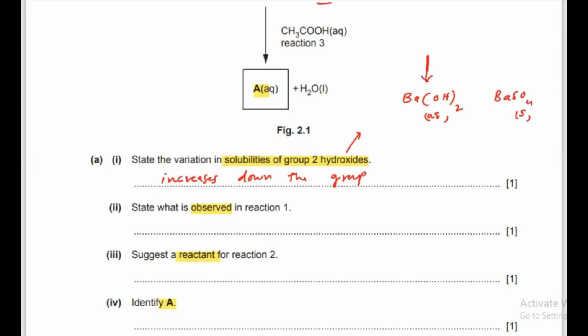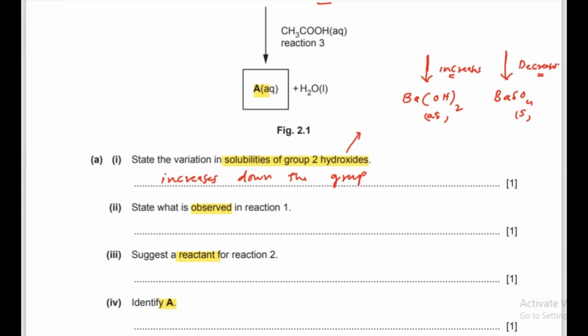Because the aqueous solution of barium hydroxide is alkali, that's why the solubility of hydroxide increases. And what about the solubility of the sulfate? Barium sulfate is a white precipitate, so that's why the solubility decreases. Just remember the trend. The reasons are not required at this level. The reasons are in A2. So just remember the trend that the solubility of the hydroxide increases down the group and sulfate decreases.